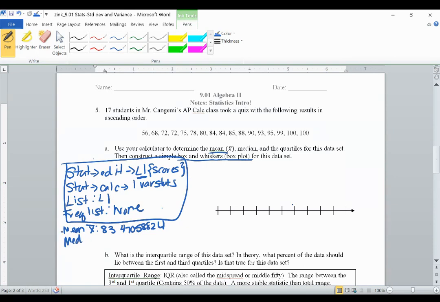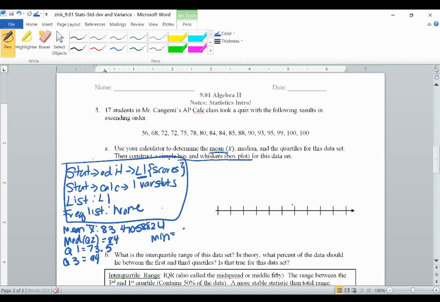The median is also known as the second quartile. It is going to be 84. Quartile 1, again, just listed right in your calculator screen, is 73.5. Quartile 3 is 94. And your min and your max will list here too.